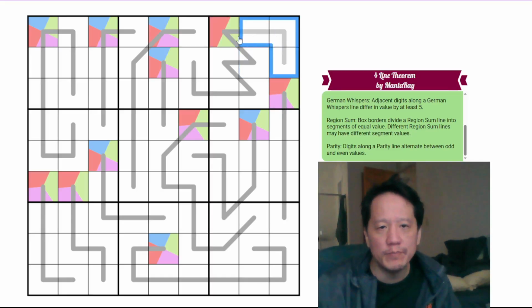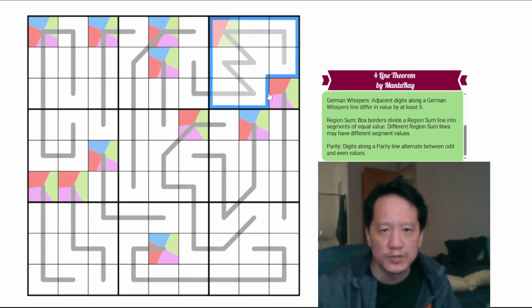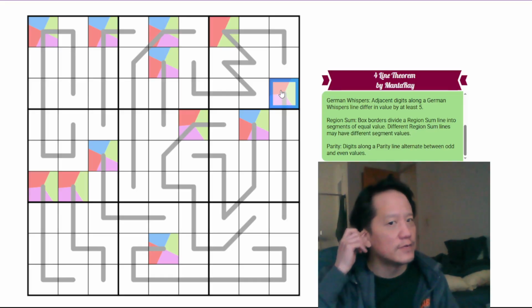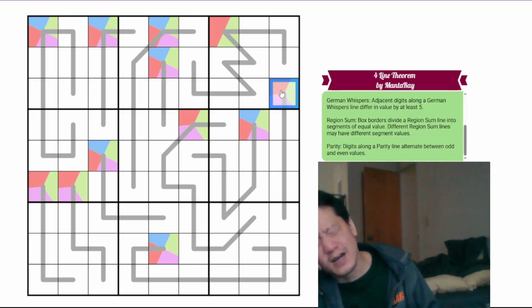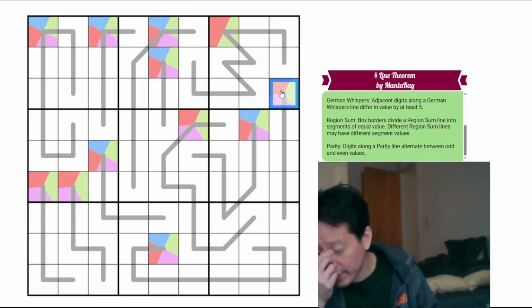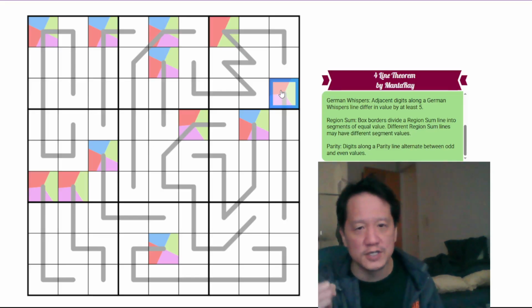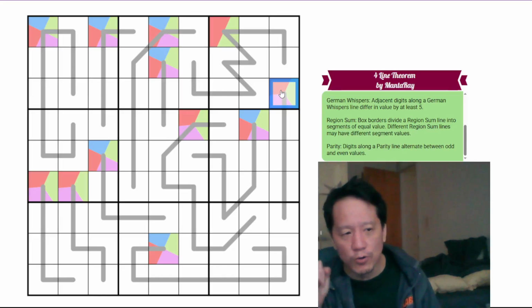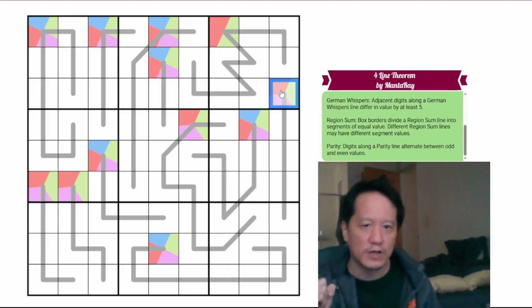And can it be Whisper 5? Well, on Whisper 5 lines, you cannot have a 5, so this would definitely be a 5. And where would you have 4 and 6? 4 and 6 can only be next to 1 unique digit on a Whisper 5 line.